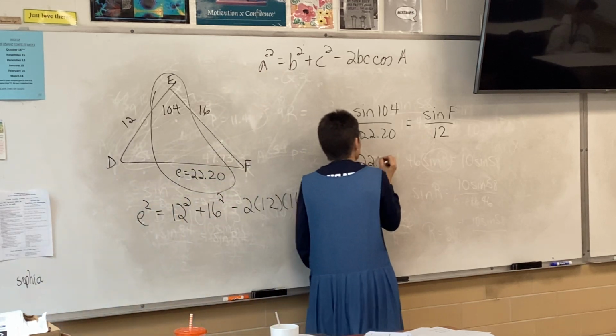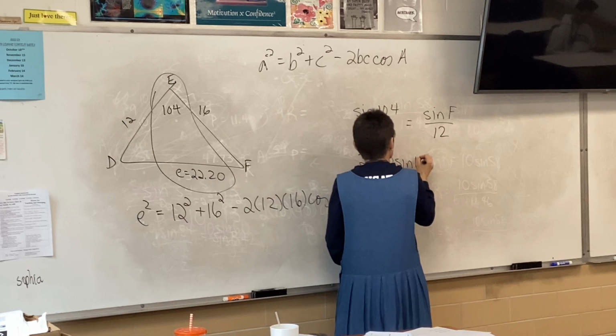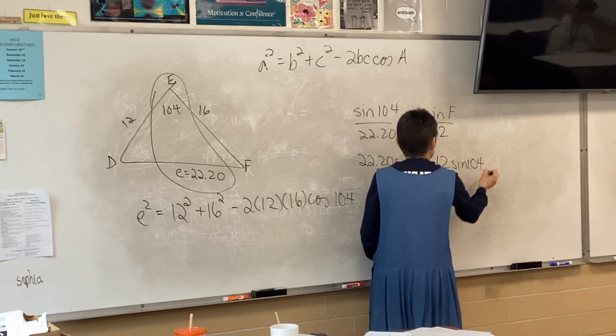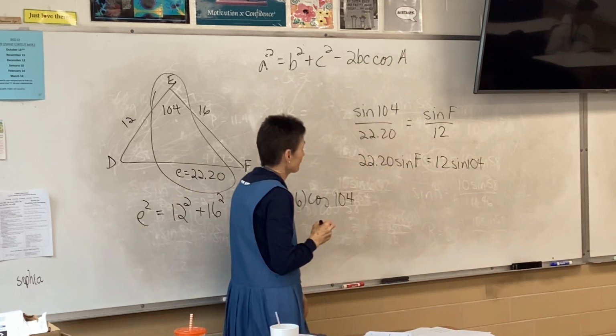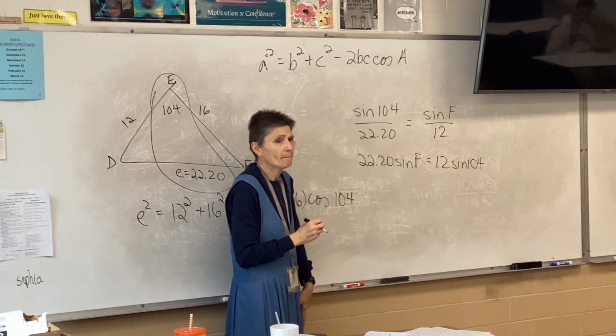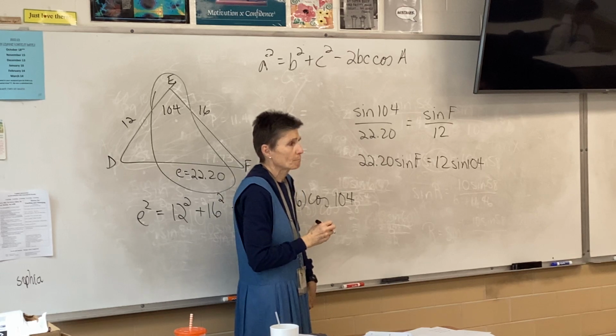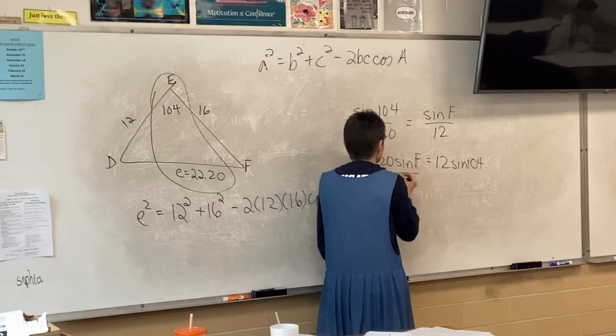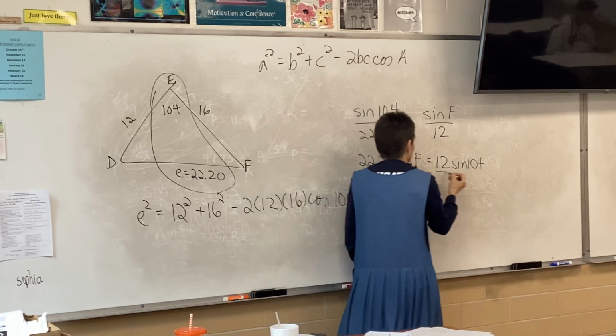Cross multiply. What will I be dividing by? I'm dividing by 22.20.